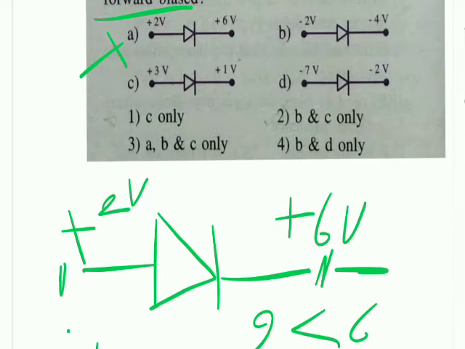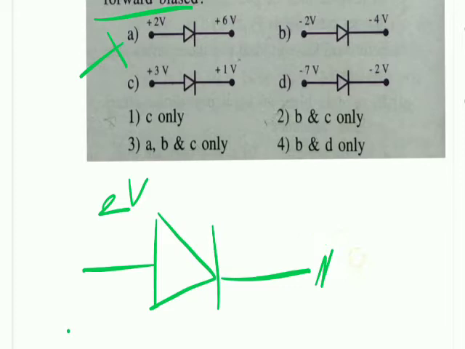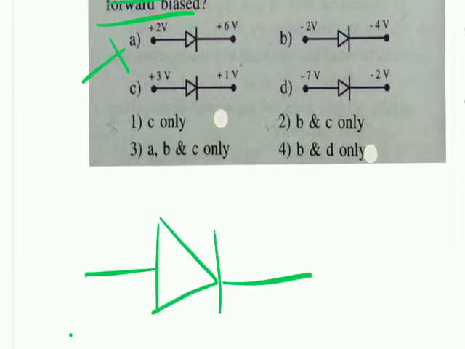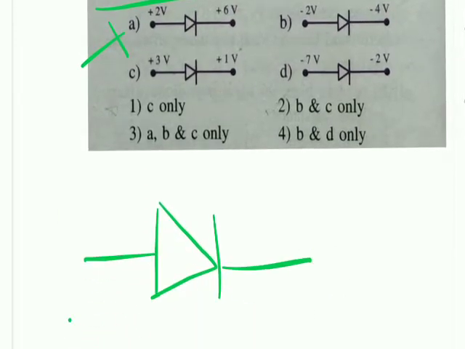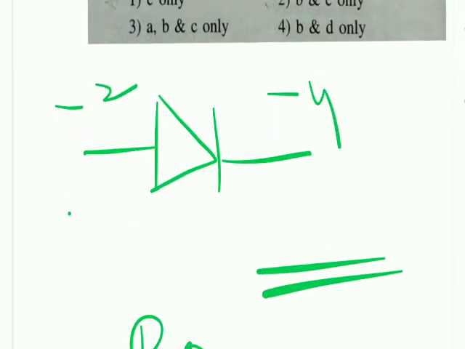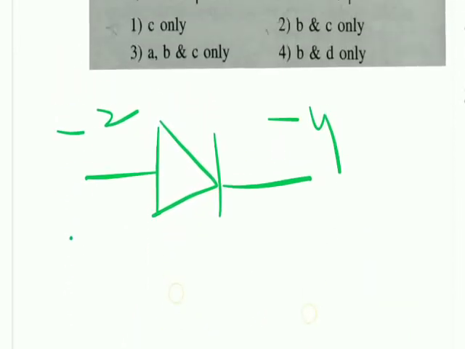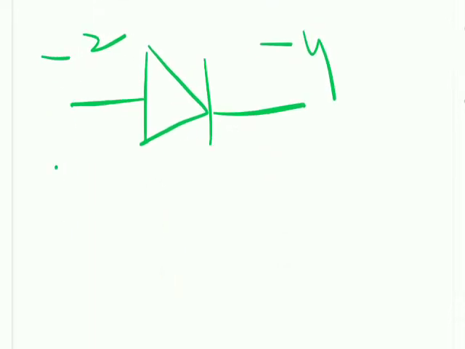Go to option B. From the given option B values, -2 and -4 volts, so -2 is greater than -4.